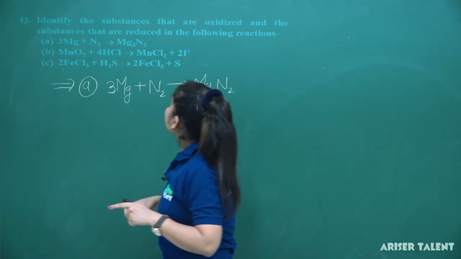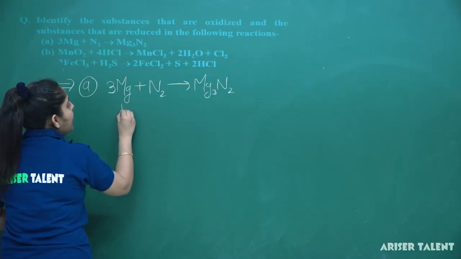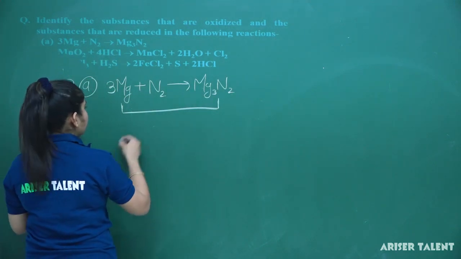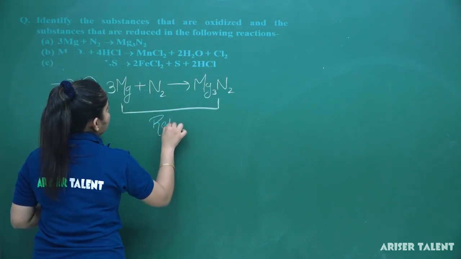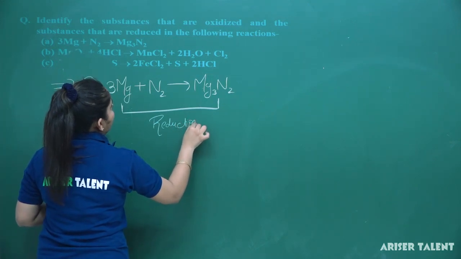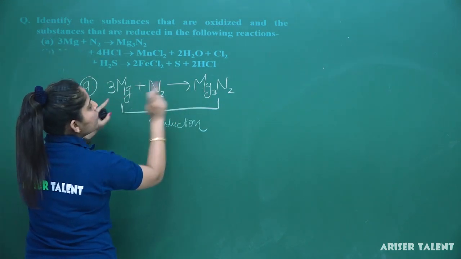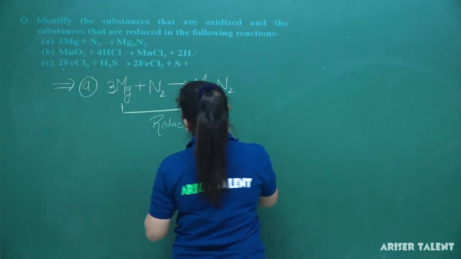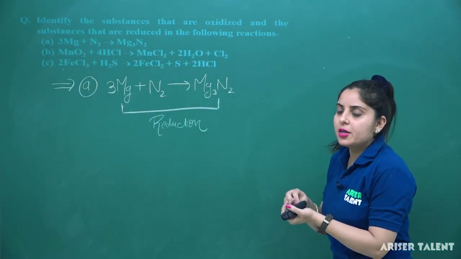So what will happen in this equation? There is a reduction and Mg is reduced to Mg3N2, so this will be the example of reduction.